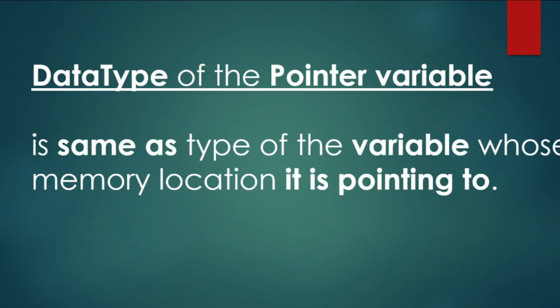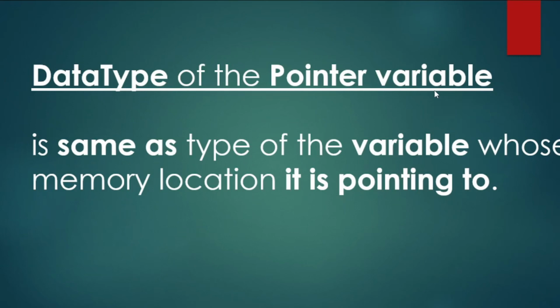Should my pointer variable always be integer? That is always the doubt, that since it points towards the address of the memory location, everybody thinks it should be an integer type or some numeric type. Now let us see in detail about the data type of the pointer variables.